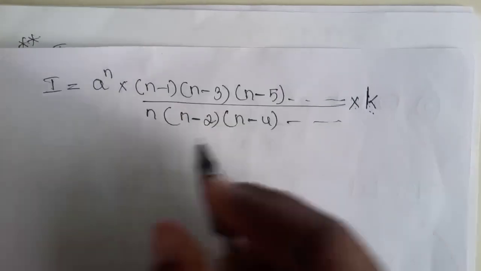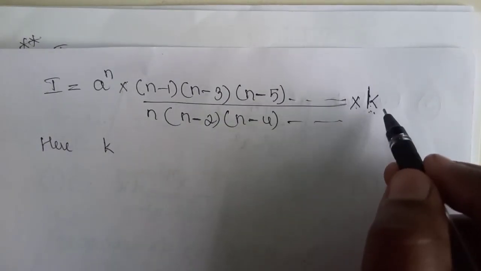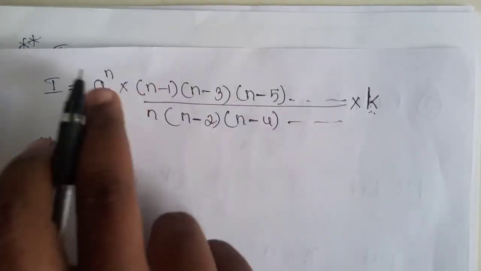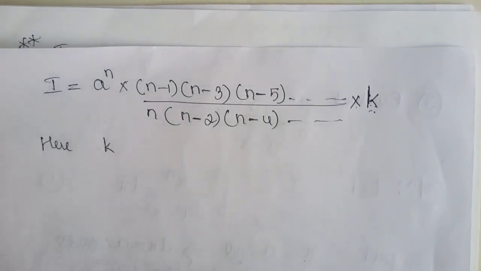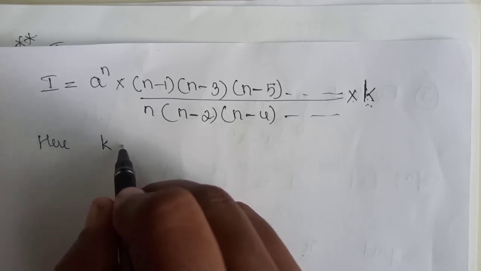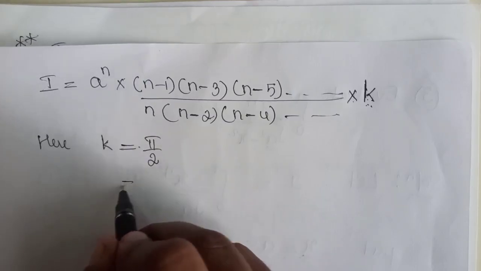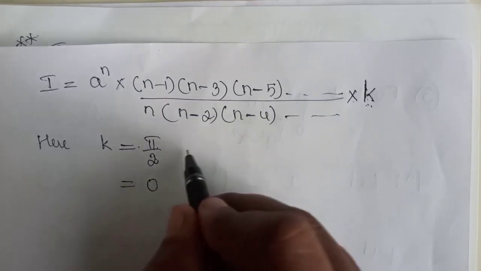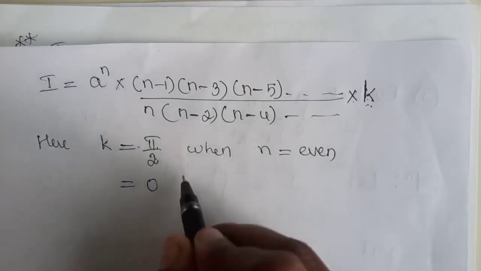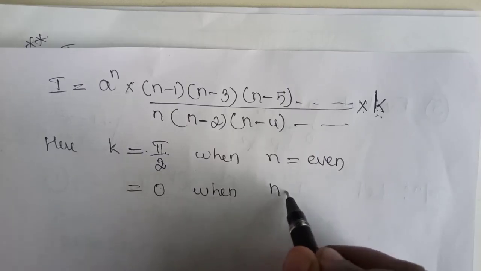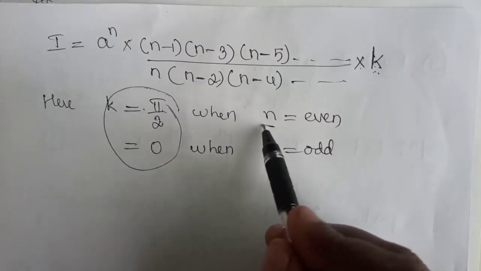Here k may be pi by 2 or 1, it depends on the value of n. If n is even, then we multiply with pi by 2, otherwise we multiply with 1. So k equals pi by 2 when n is even, and k equals 1 when n is odd. So this term totally depends on the n value.